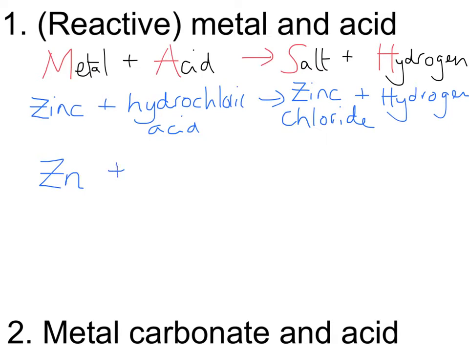And the formula for hydrochloric acid, you should know, is HCl. Now, hydrogen is simply H2, and already you should be able to spot that there's a little bit of a problem.